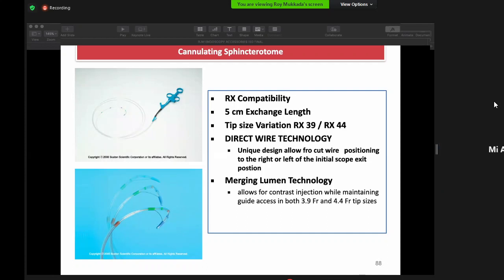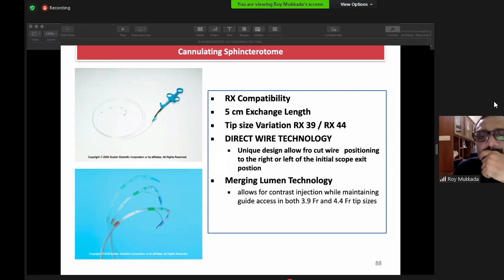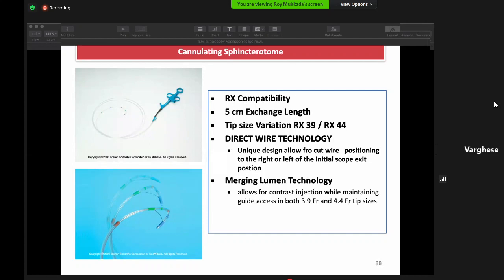Anything else, Dr. Varghese? Do you have a separate sphincterotome for pancreatic work and biliary work? Yes, sir, different sphincterotomes are available. How is it different?